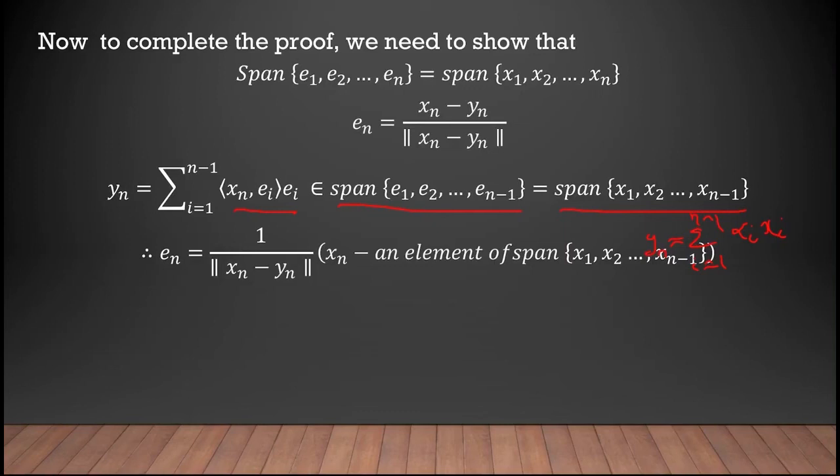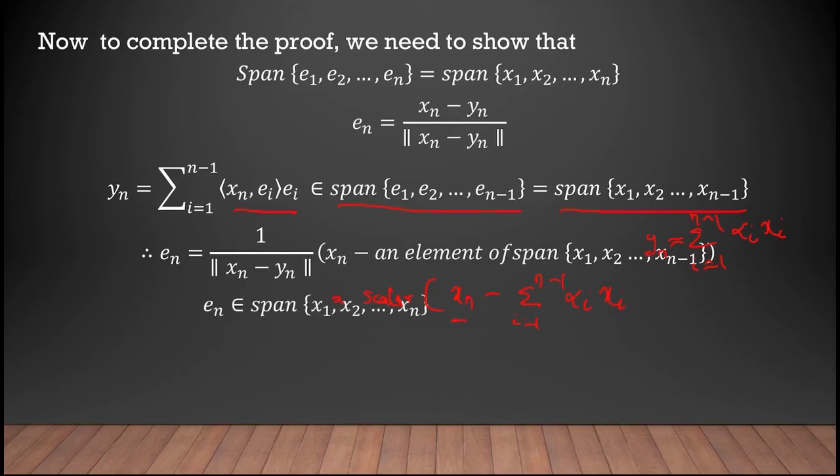Now en can be written as 1 by the norm of xn minus yn into xn minus yn. Yn is an element of the span of x1, x2, etc. xn minus 1. Okay, so in general we can say that this en is some scalar into xn minus an element of the span of x1, x2, etc. xn minus 1, meaning summation i equal to 1 to n minus 1 alpha i xi.